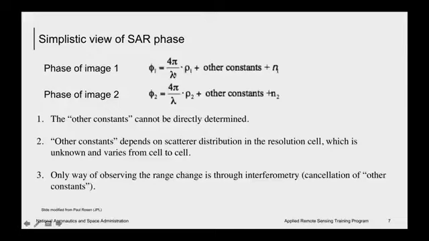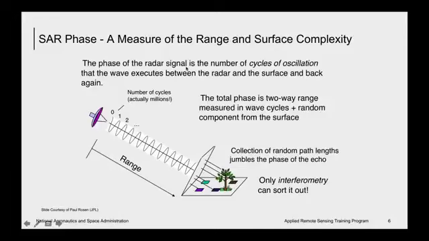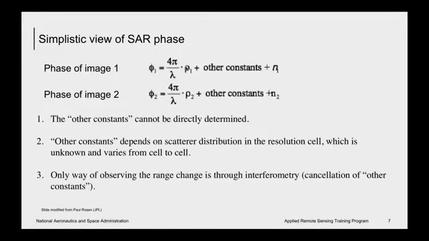So it's 4 pi divided by the radar wavelength times rho, which is the distance, the total range as shown on this previous slide. So the phase that we measure in image 1 is 4 pi over lambda times rho of image 1 plus some other effects, a lot of the different effects that we're going to talk about later, and then an N for noise.